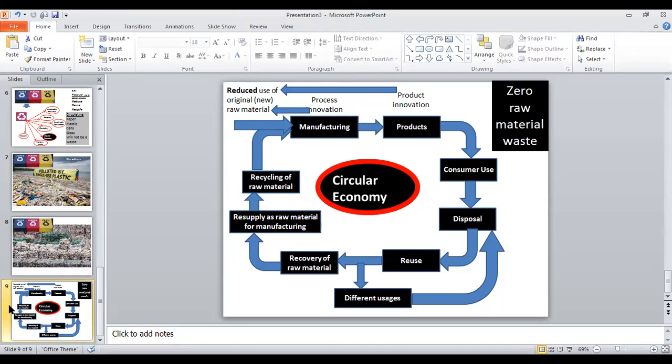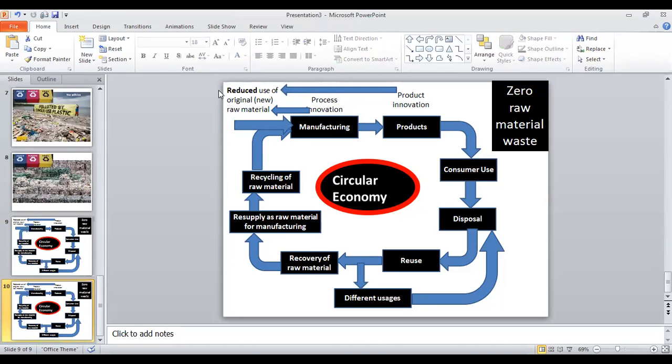So let me put into a new slide. I would say negligible, or let's say no original or new raw material inputs. Interesting. Understand?